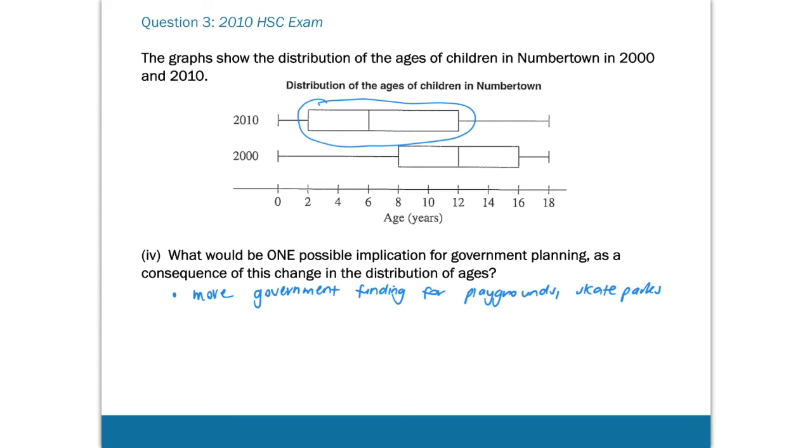Okay, so playgrounds, skate parks, and preschool facilities, as more children are aged 2 to 12.